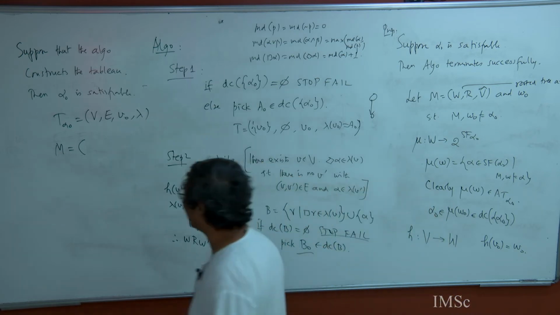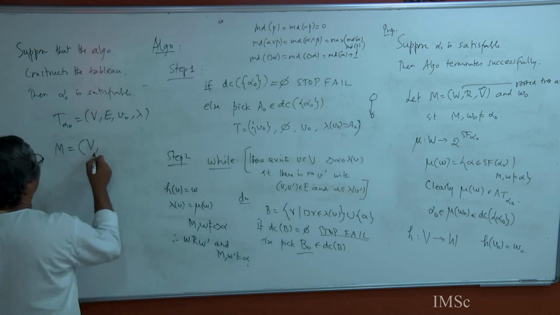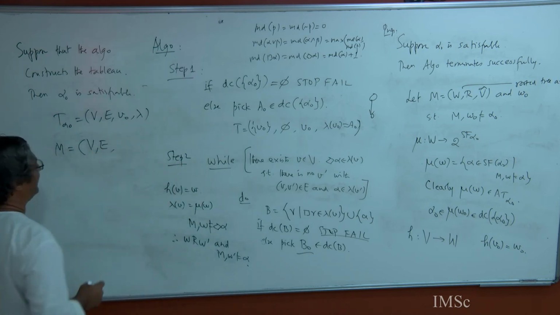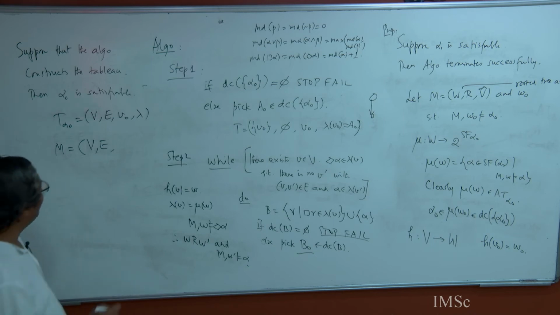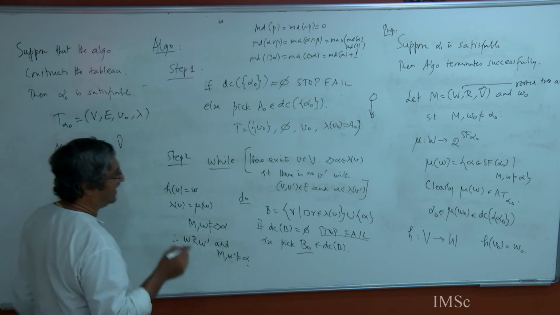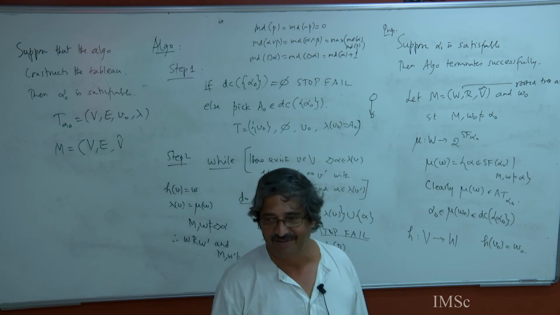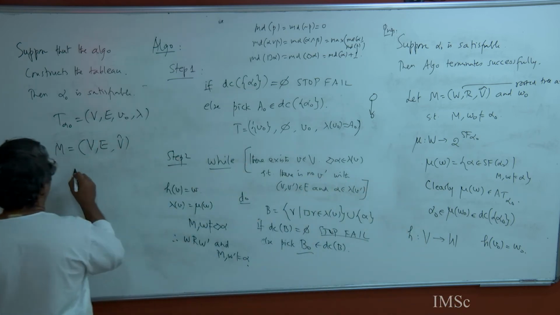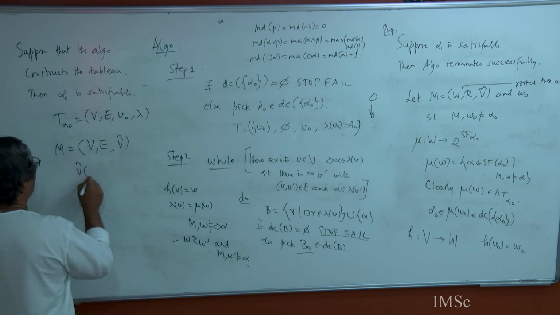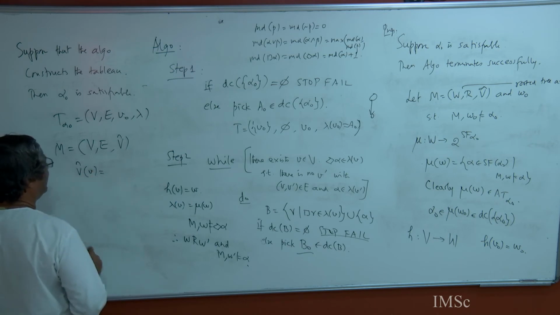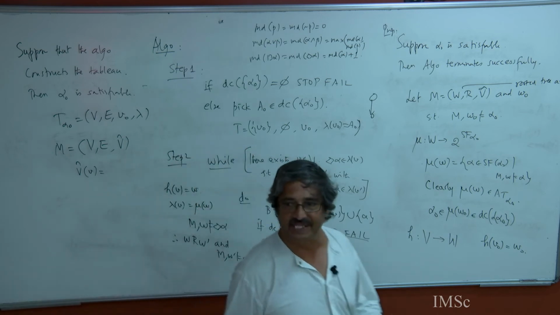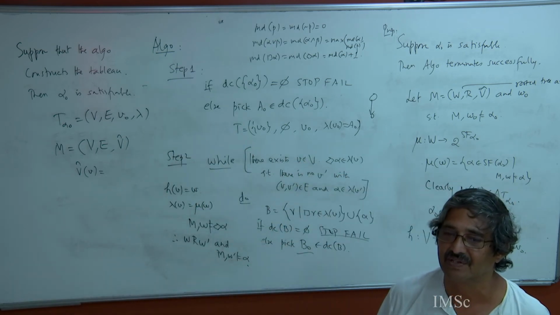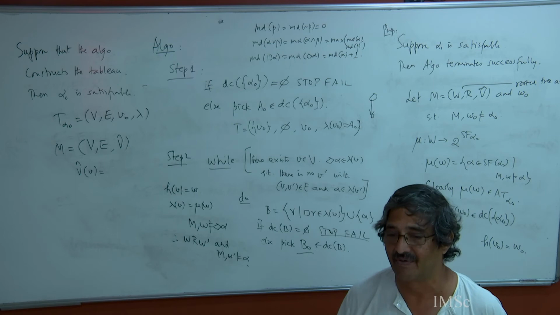The claim is that V with the accessibility relation E and my valuation, which unfortunately I am using V for this also, please forgive me for it. Valuation is a model where V hat of vertex is what? I have to say what propositions are true at that world. So what proposition should be true at this world? I have to define a valuation.